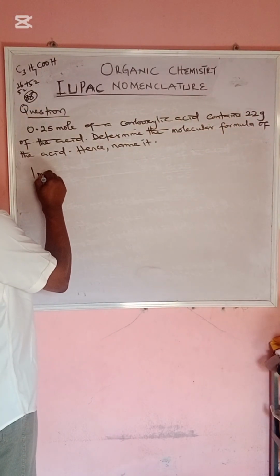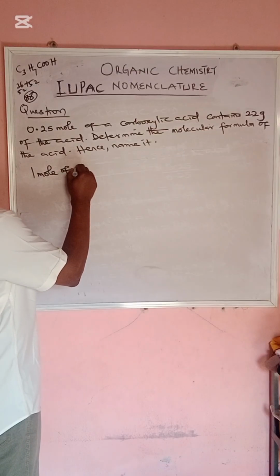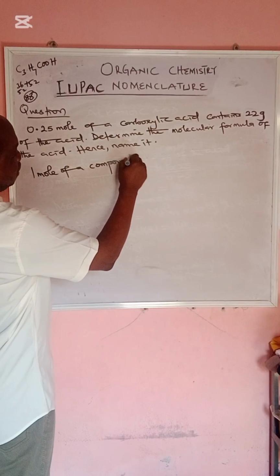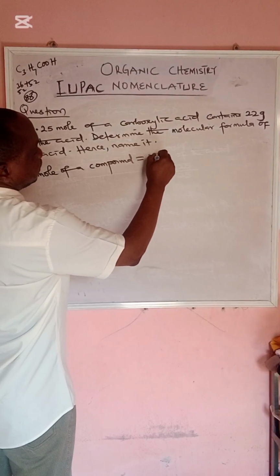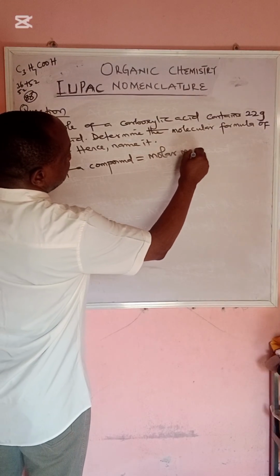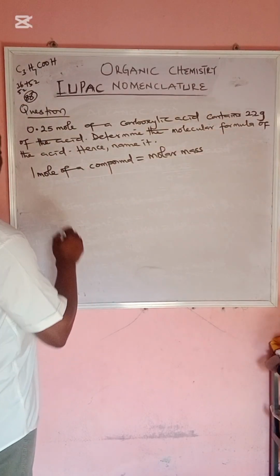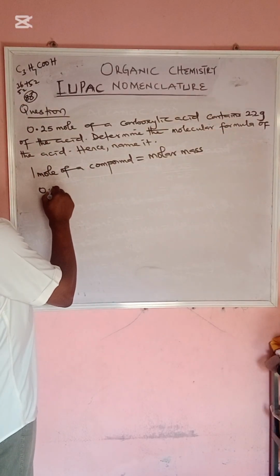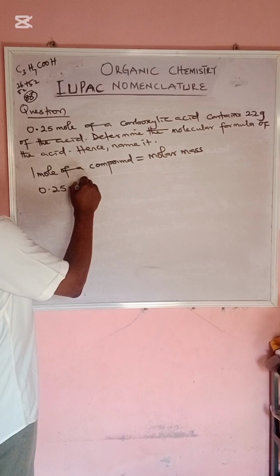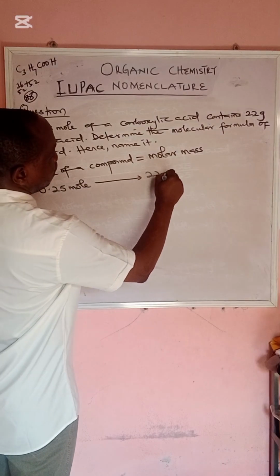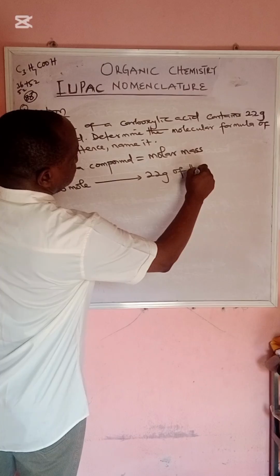Record that 1 mole of a compound is equal to its molar mass. So this is not the molar mass; we have to look for the molar mass. So you can say 0.25 mole of the acid is equivalent to 22 grams of the acid.